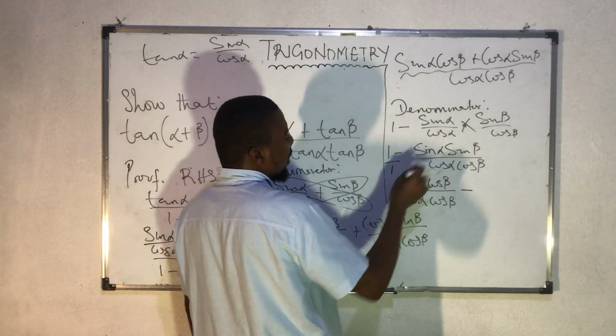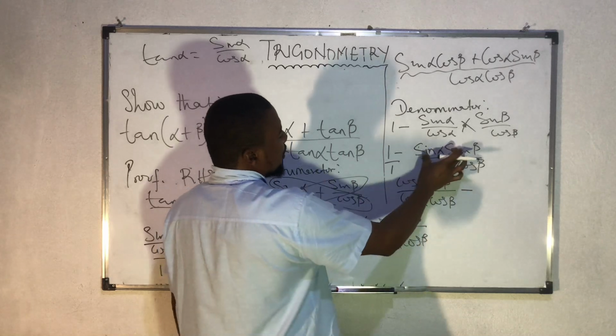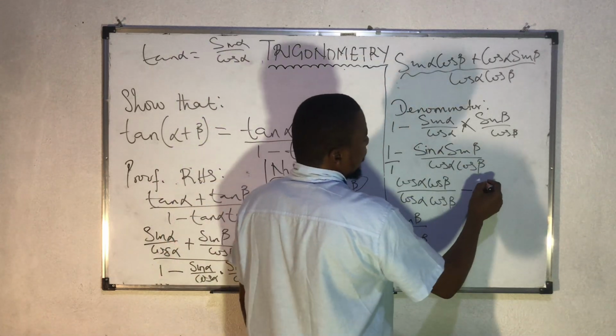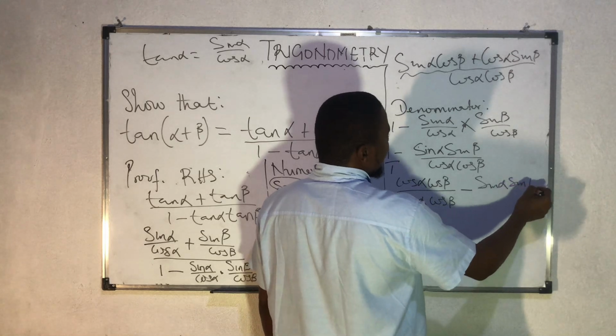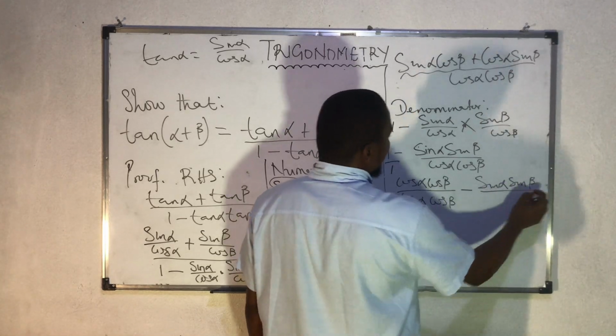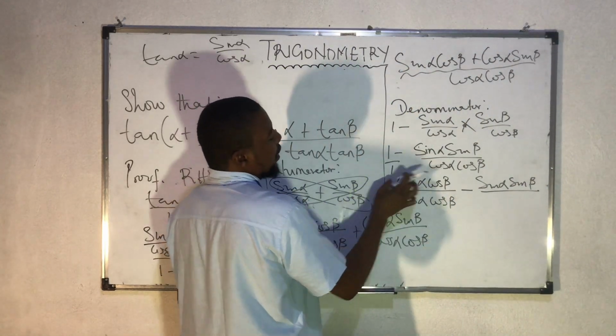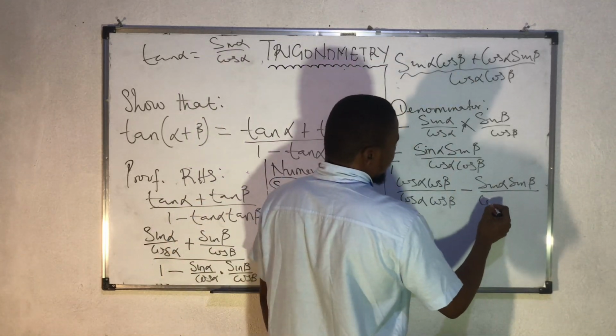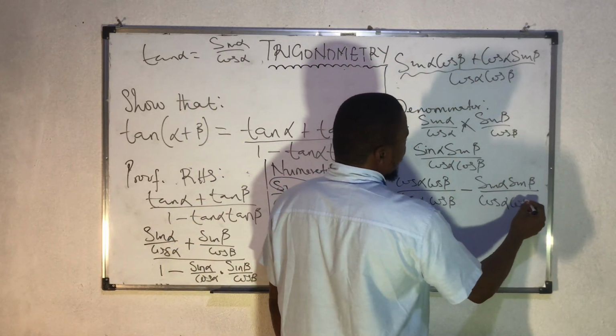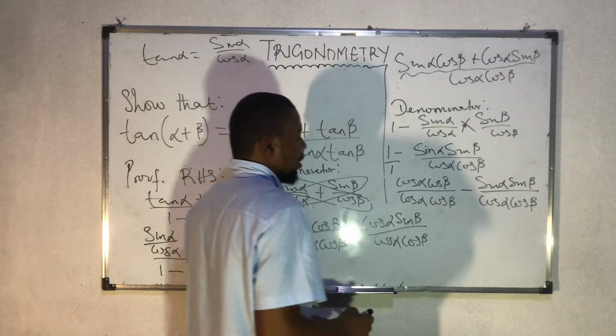Now let's multiply across again. 1 times sine alpha times sine beta gives us sine alpha sine beta over 1 multiplied by cos alpha cos beta, which gives us cos alpha cos beta.